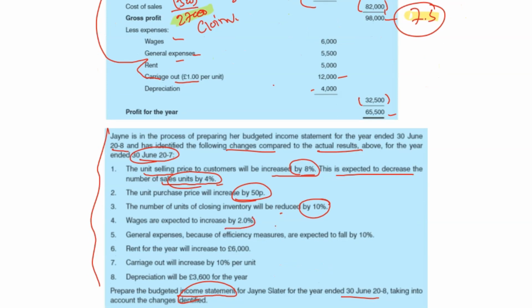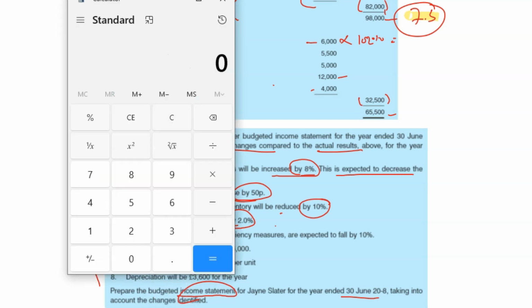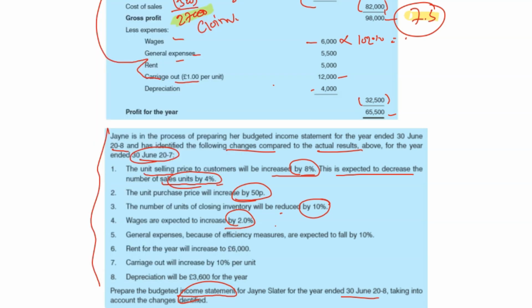Wages are expected to increase by 2%. Here is your wages times 102%. Or just do 2% and add it to this 6,000, you're going to get the same answer. 6,000 times 102% equals 6,120. These are all for next period, right? What else?